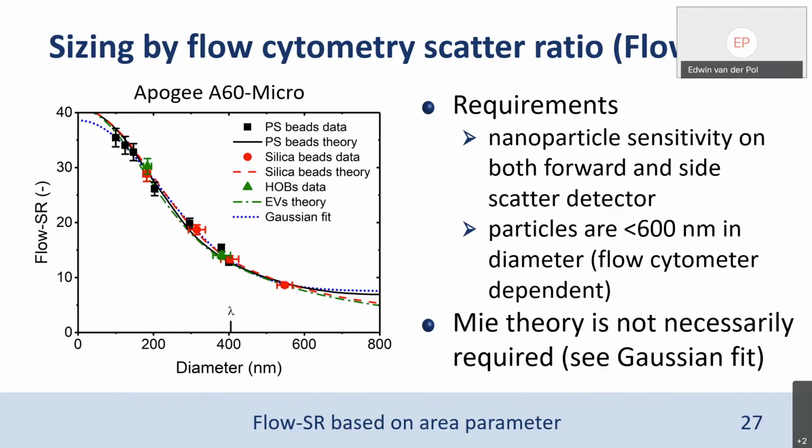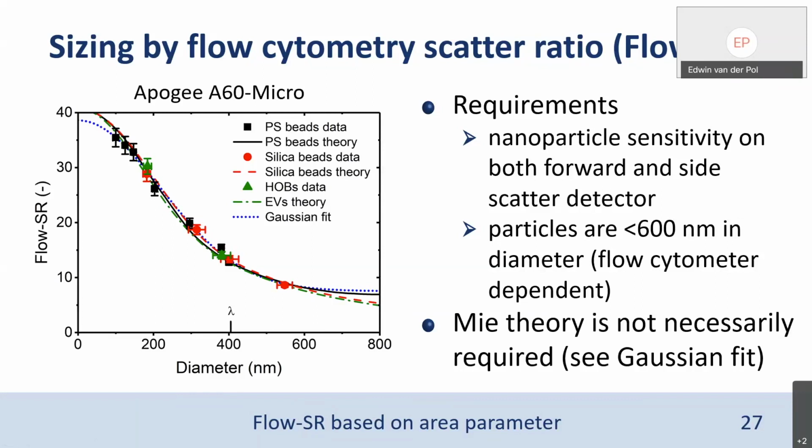And we concluded that for all detectors, it's going to get useful if at least you can detect 100 nanometer polystyrene beads readily from the notch. If you cannot, the range in which you can apply FlowSR becomes very limited, especially because above a certain diameter, these FlowSR versus diameter lines deviate from each other, and the technology is not applicable.